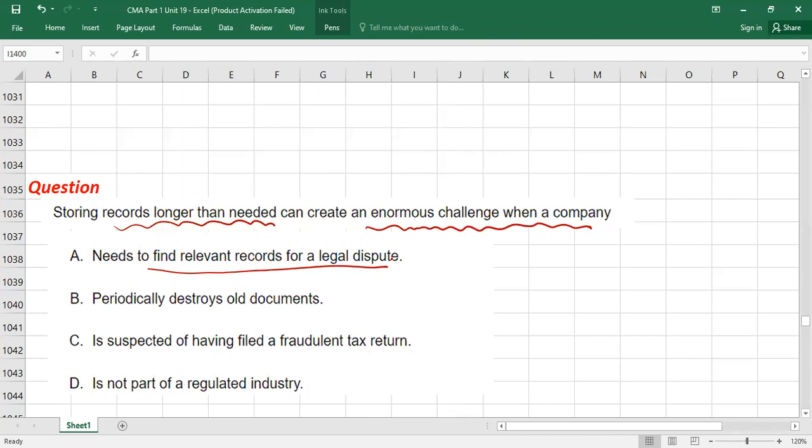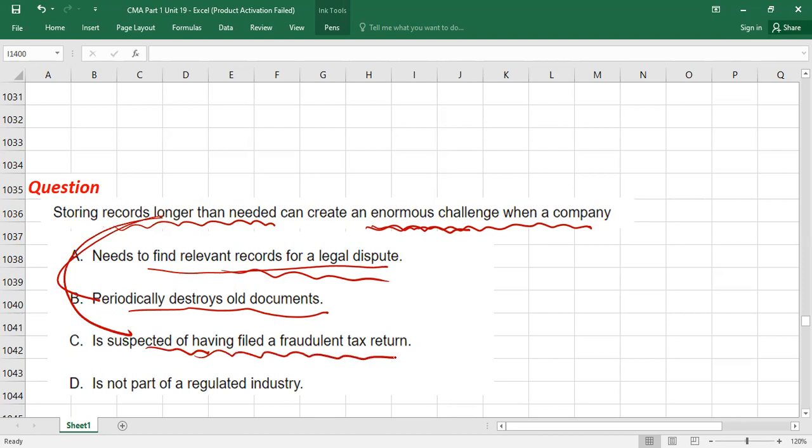So storing records longer than needed can create enormous issues like cost issues and the need to find relevant records for a legal dispute. It is not relevant to periodically destroy old documents, not relevant to being suspected of having filed fraudulent tax returns, and not part of a legally regulated industry. If you store more than needed, it will increase your cost or make it difficult to find relevant records for a legal dispute.